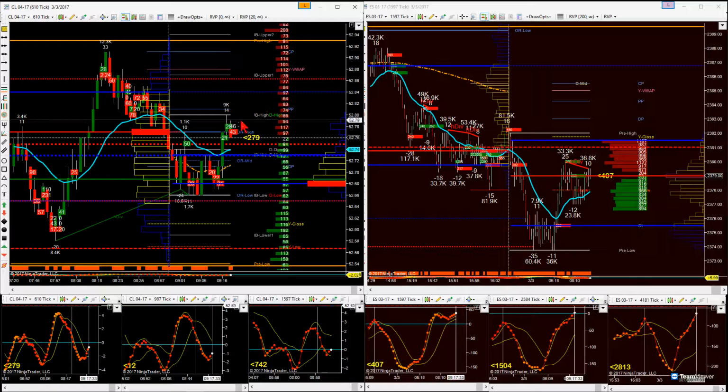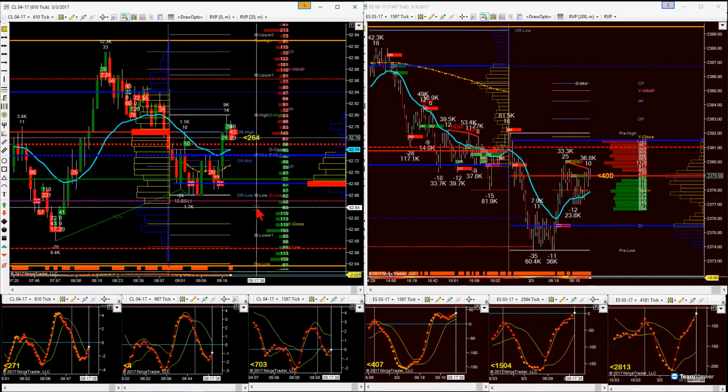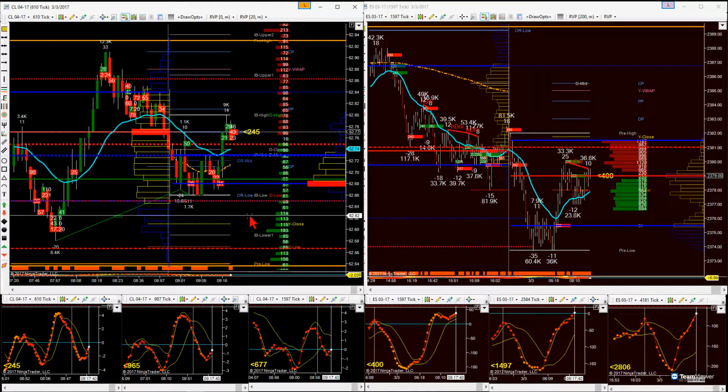We're right at overnight VPOC, so not an area that's surprising for us to see the slowdown. More sellers stepping in, but as these sellers are stepping in, you can see prices not going down. Prices staying up here, where there are people buying and absorbing these orders on the bid. And right now, that's what I'm watching here.